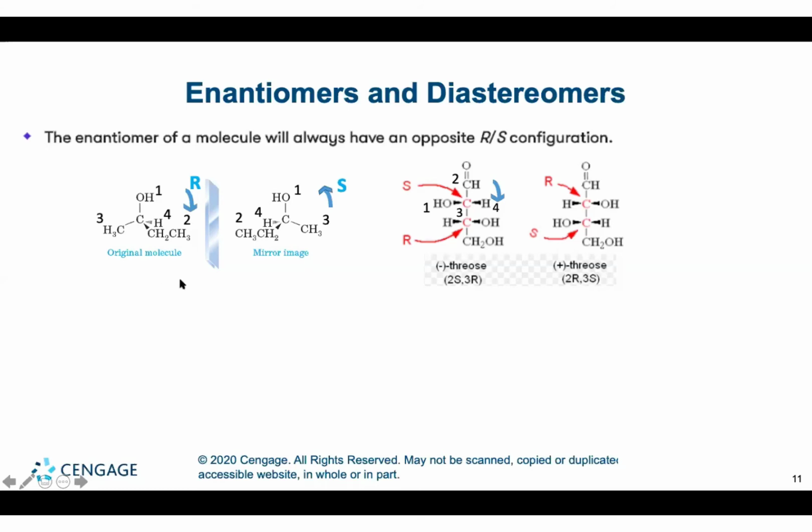So these also are mirror images of each other. When you take a screenshot of the left one and put it on top of the right one, they are not superimposable. So they are enantiomers. As I said, if you just look at the opposite R and S configuration, you can also figure out if these pairs are enantiomers or not.